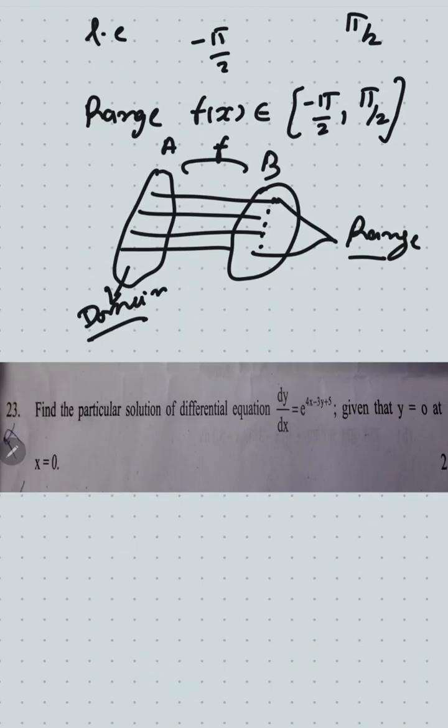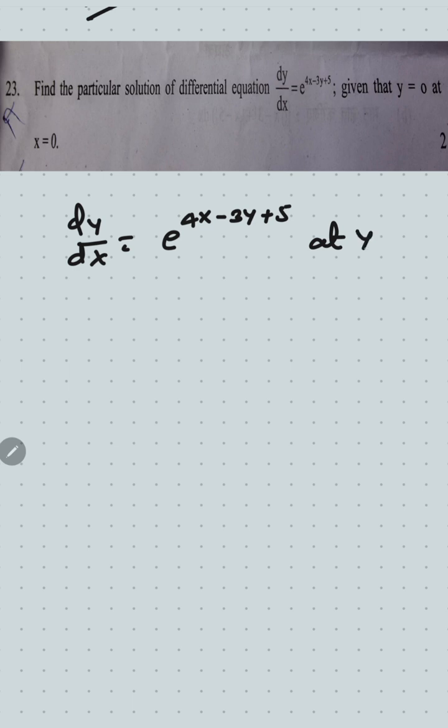Okay, the question is given that find the particular solution of the differential equation. The differential equation given is dy/dx equals e to the power 4x negative 3y plus 5, at y equals 0, at x equals 0.